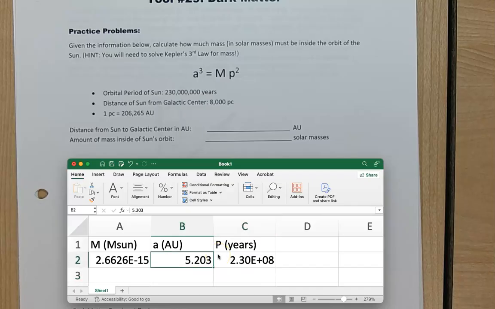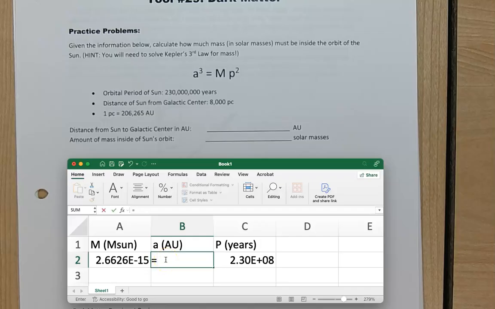And the orbital radius of the sun around the center of the galaxy is 8,000 parsecs. But 1 parsec is this many AU, and we need the semi-major axis in AU in order to use Kepler's third law. So I guess we'll do some math here.